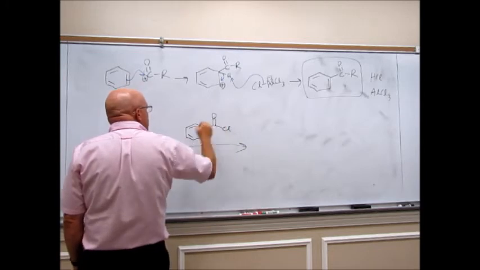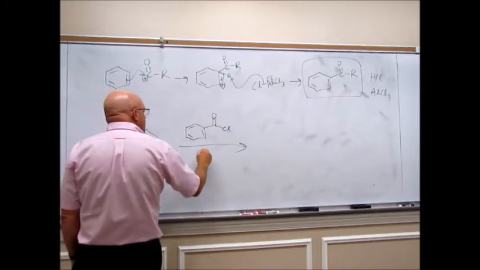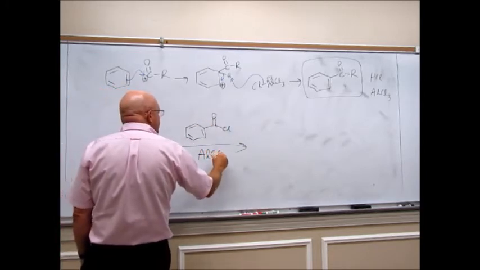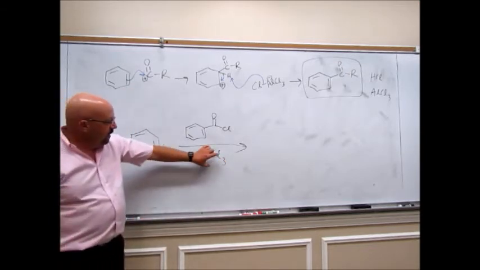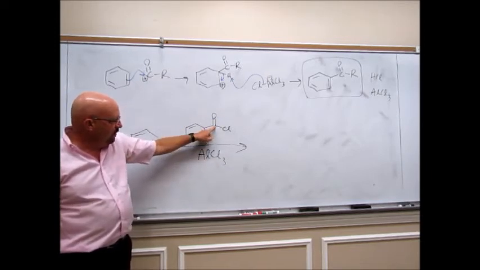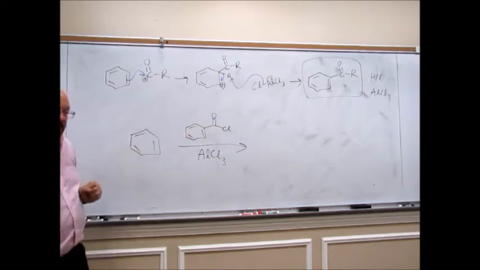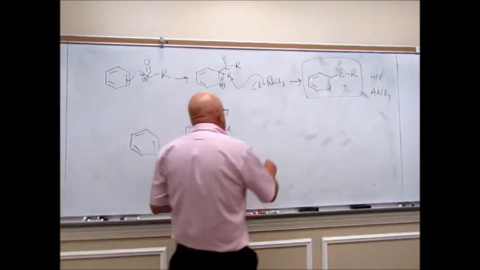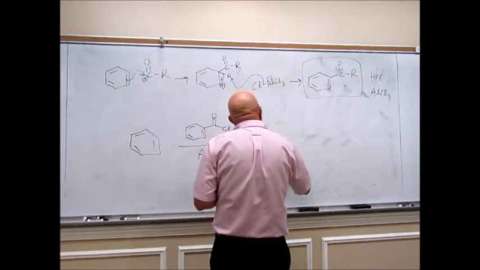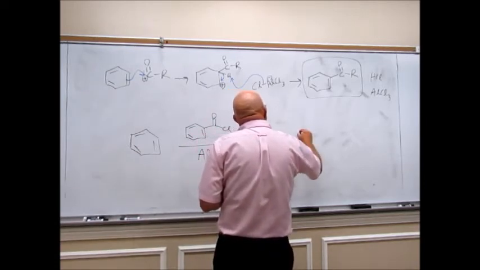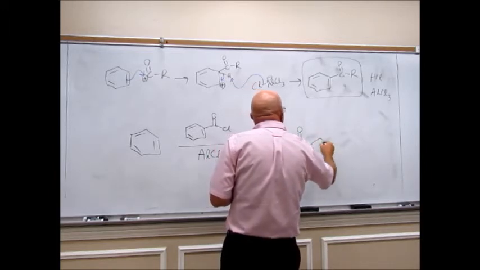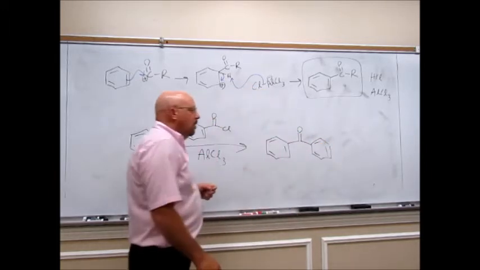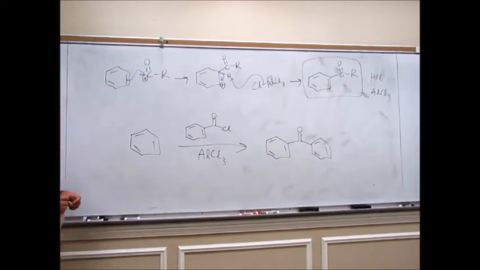Any acyl chloride will work. And we need a Lewis acid catalyst. Any Lewis acid catalyst will work. I'll use aluminum chloride. And so again, that's going to pull the chlorine off, give you the acyl cation. The acyl cation is what adds to the aromatic ring. There's our product.